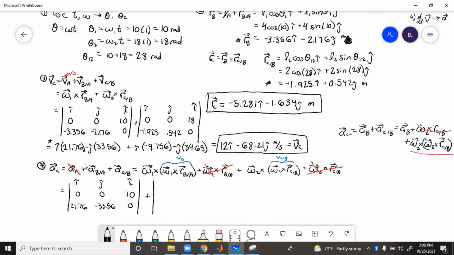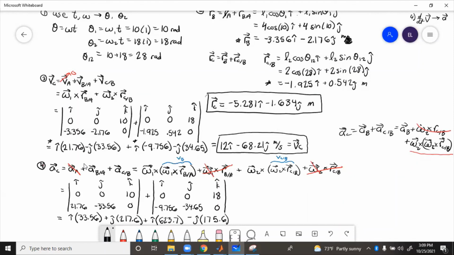Then put in the second cross product with VC with respect to B, which is here, where we do these cross products out. And then finally add these together. So AC is 959.3 i-hat plus 42 j-hat meters per second squared.